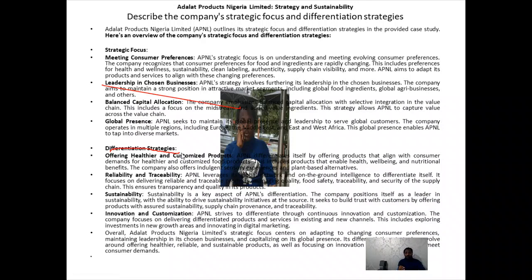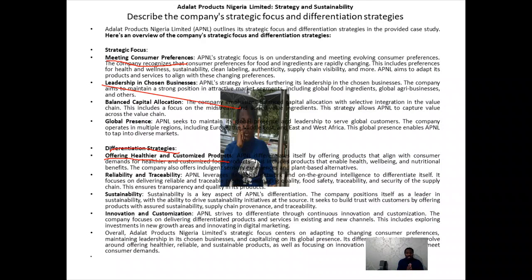So now let's look at what differentiates Adalat business. Because they focus on satisfying customers, they have differentiation in offering healthier and customized products to their customers, which gives them advantage. So this is a unique differentiation strategy that Adalat is using.